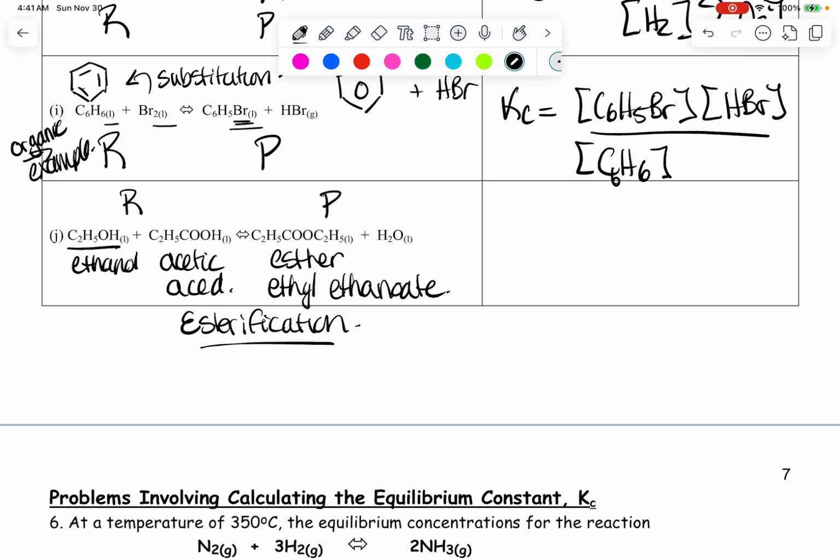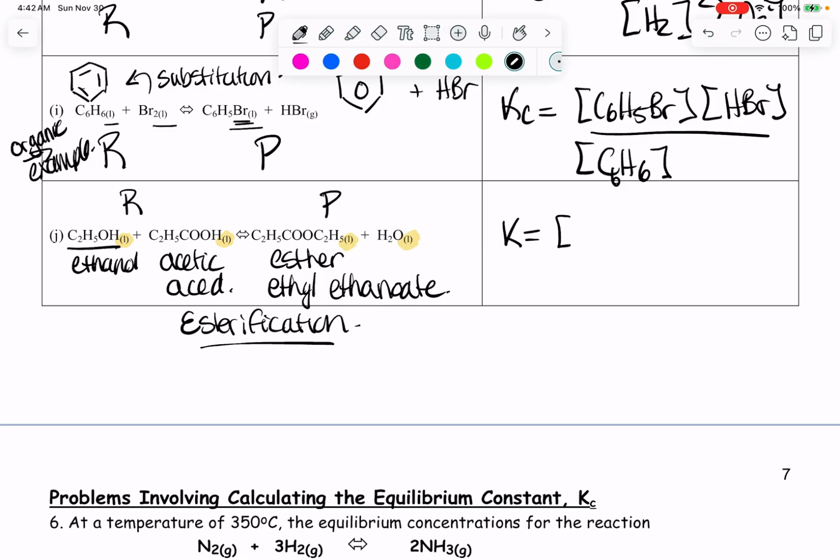So we're going to start with ethanoate. We're going to get rid of this liquid water. Actually, we're going to keep this liquid water because we're going to keep all of the liquids. This is a liquid, this is a liquid, this is a liquid, and this is a liquid. So we're going to keep that liquid water.